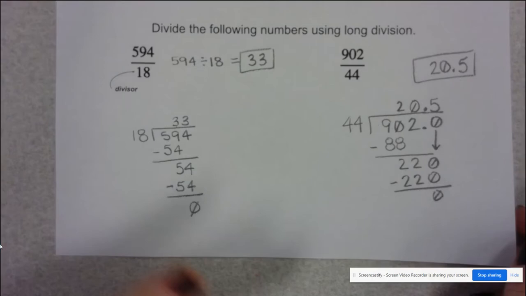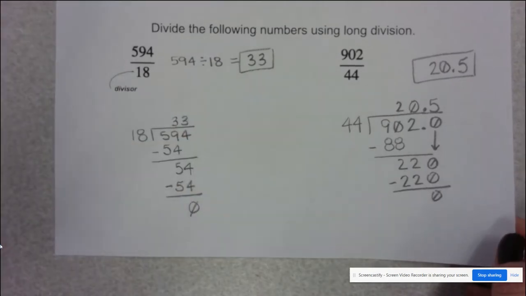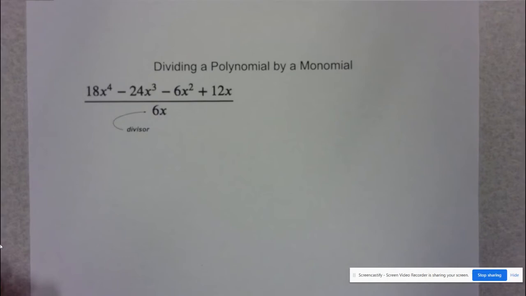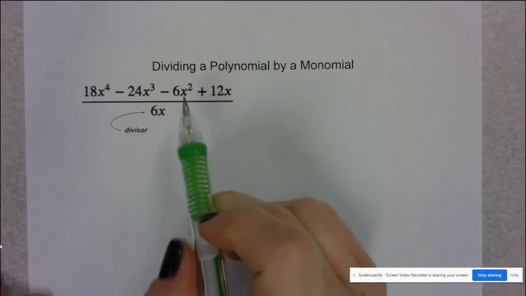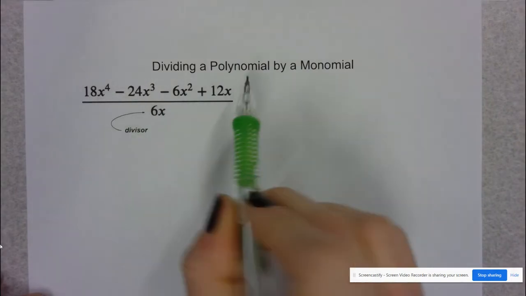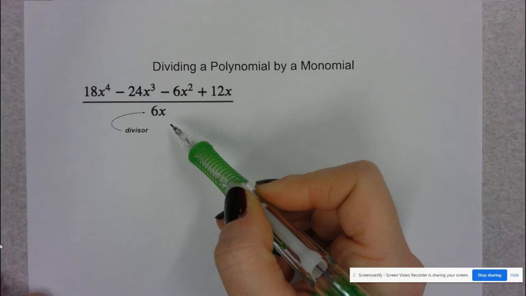So that's doing long division just with numbers, just as a little reminder. But we have to now apply this to polynomials. So I still have a divisor here. Now this is a polynomial divided by a monomial.